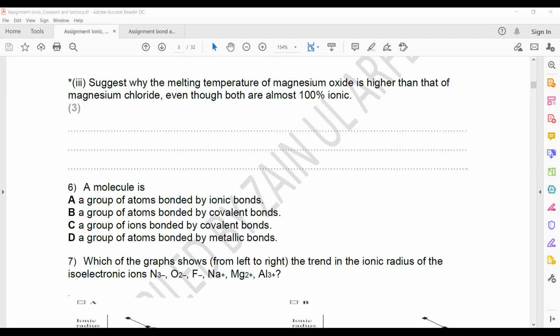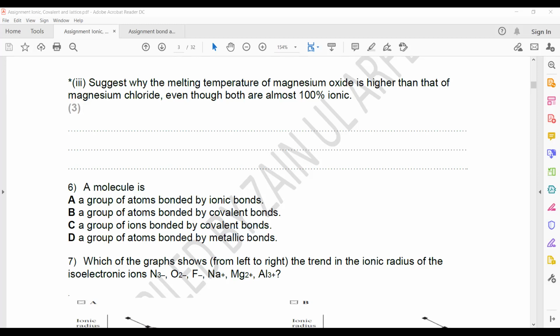So why does magnesium oxide have a higher melting point compared to magnesium chloride? The first thing you can mention is that oxide has a greater negative charge, or you can mention greater charge density, like more charge in a unit volume. So strong attraction is there, or a strong ionic bond, so it requires a greater amount of energy to separate the ions from each other. You can also mention oxide ions are smaller in size, so the ions are closer to each other, giving stronger attraction. That's why.